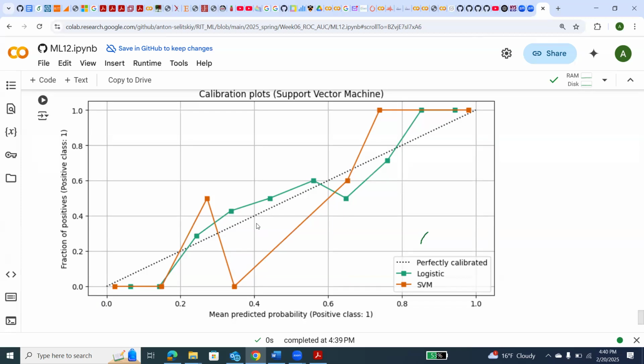So there is a method called calibration inside here that will fix the output probabilities from predict_proba, which are not real probabilities, and will make these outputs from the model true probabilities.